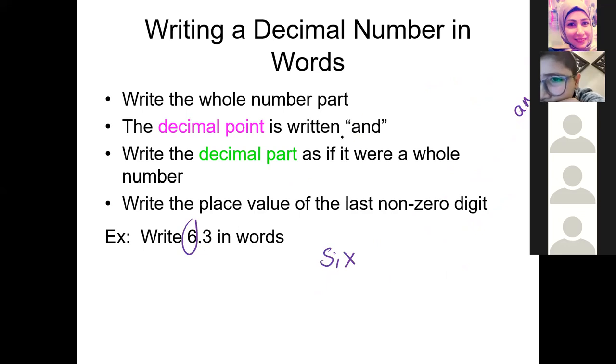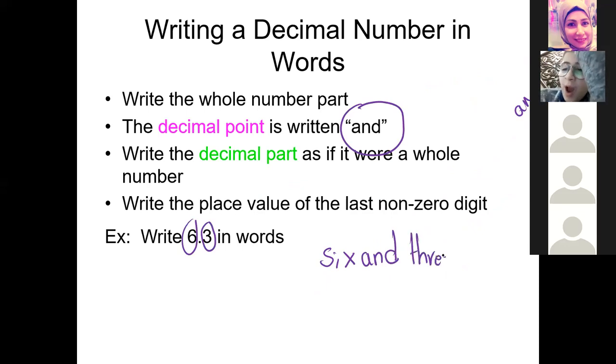The point I will write as "and". So 6 and. The decimal part here is 3, so 6 and 3. Then I look at the place value of 3. What is the place value of 3?